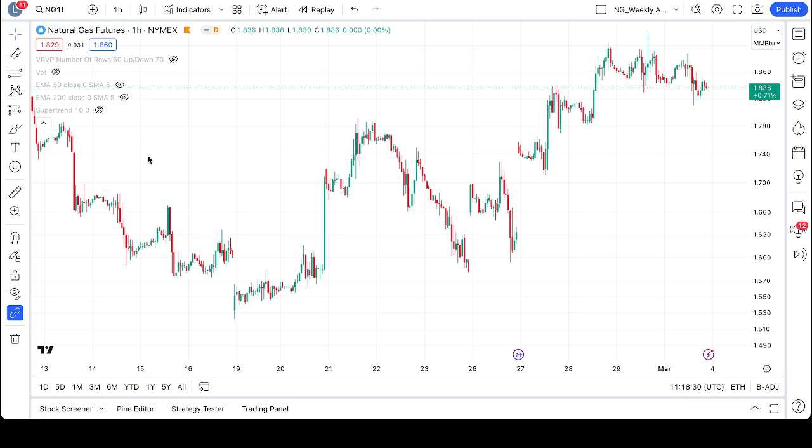So if you can see, this is where the markets bottomed out here. That was on the 19th of Feb, so we could see 1.52, and then eventually after that we can see the markets trying to go a bit higher.